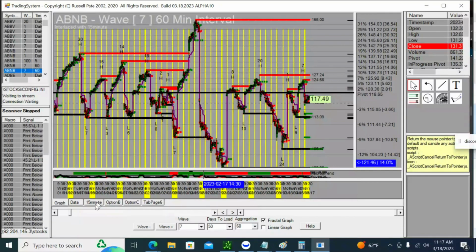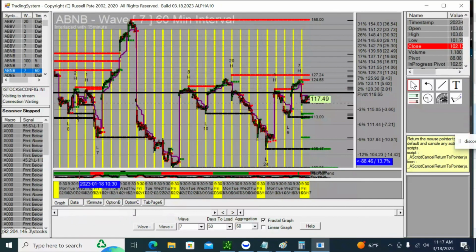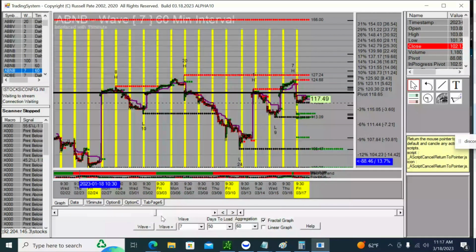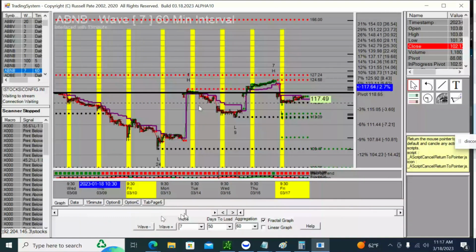So this is showing 15-minute interlaced into the 60-minute I just turned on. So I just have all these little things I'm bringing in that can help spot a potential trade. This looks like it may be into a ghost.